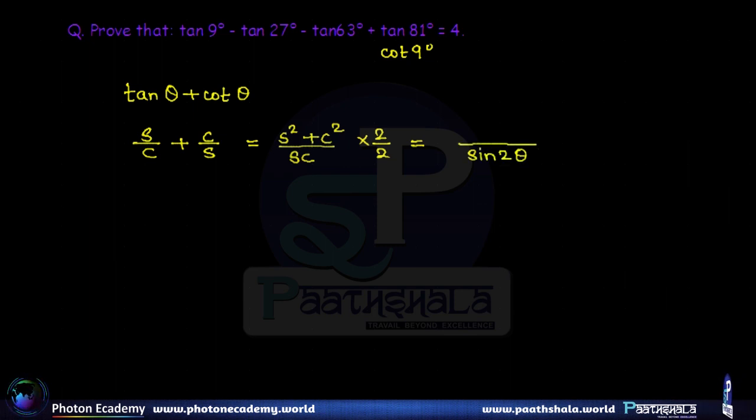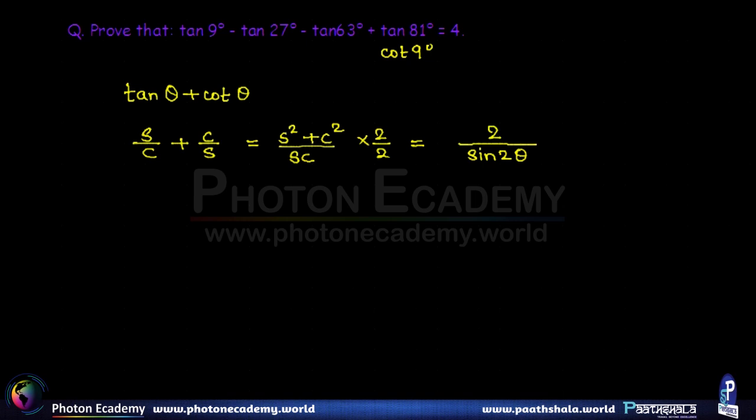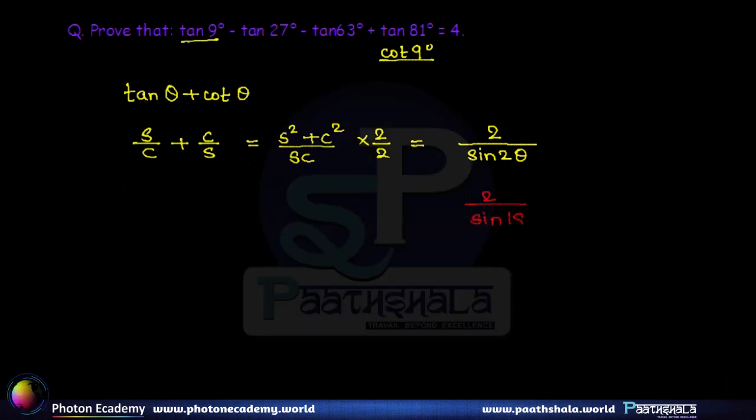And in the numerator we have sin square theta plus cos square theta, which will become 1. So we just have 2. So tan 9 plus cot 9 has become 2 upon sin 2 into 9, so 18 degrees.